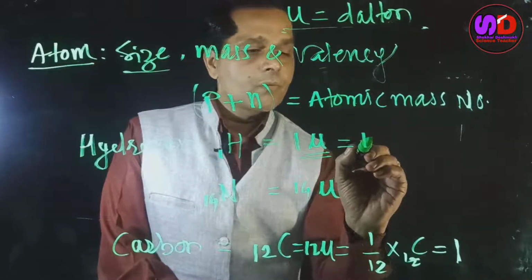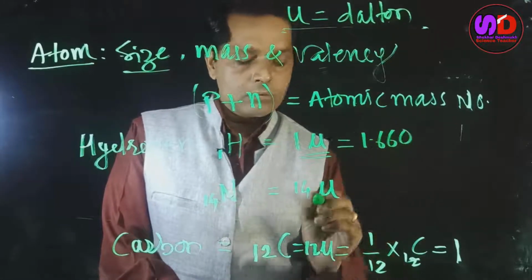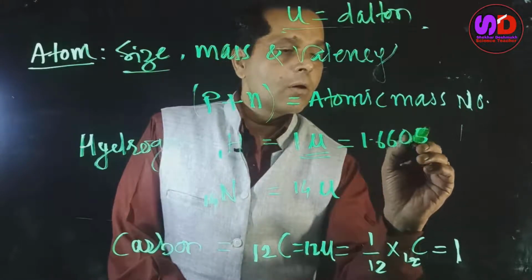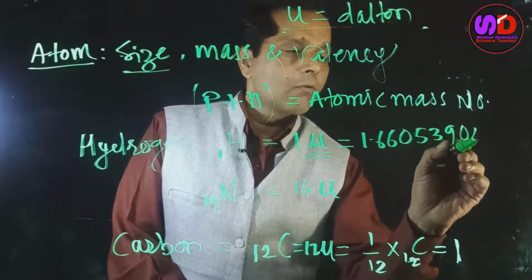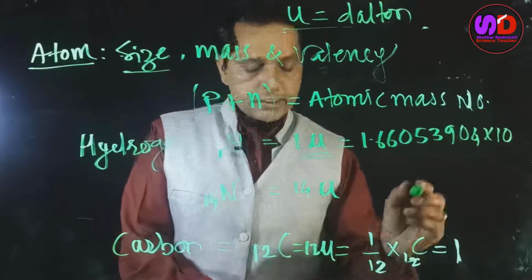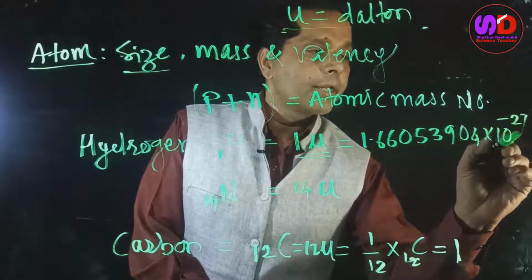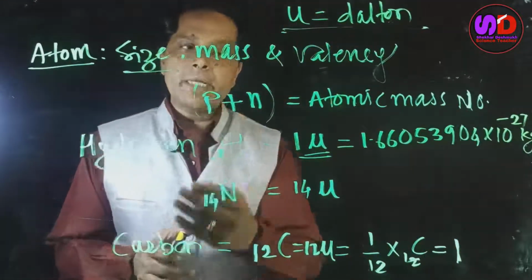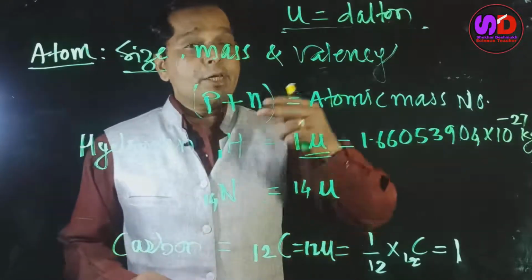1.660 53904 into 10 raised to minus 27 kg. So we can express the mass in Dalton in kilograms also.